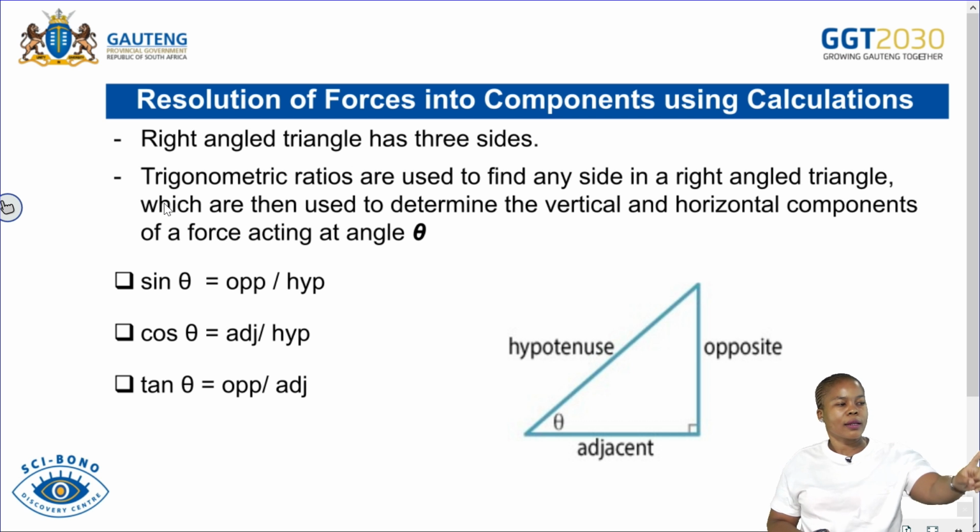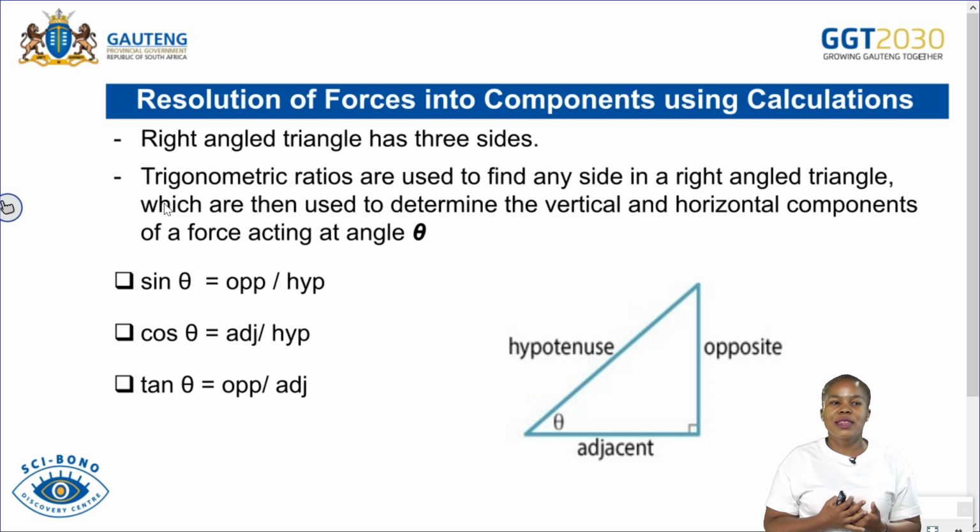We've got the one that is intercepting with the horizontal one, and we call it the opposite side. We've got the one on the horizontal side that is called the adjacent side. And then we've got the longer side, which we call the hypotenuse.